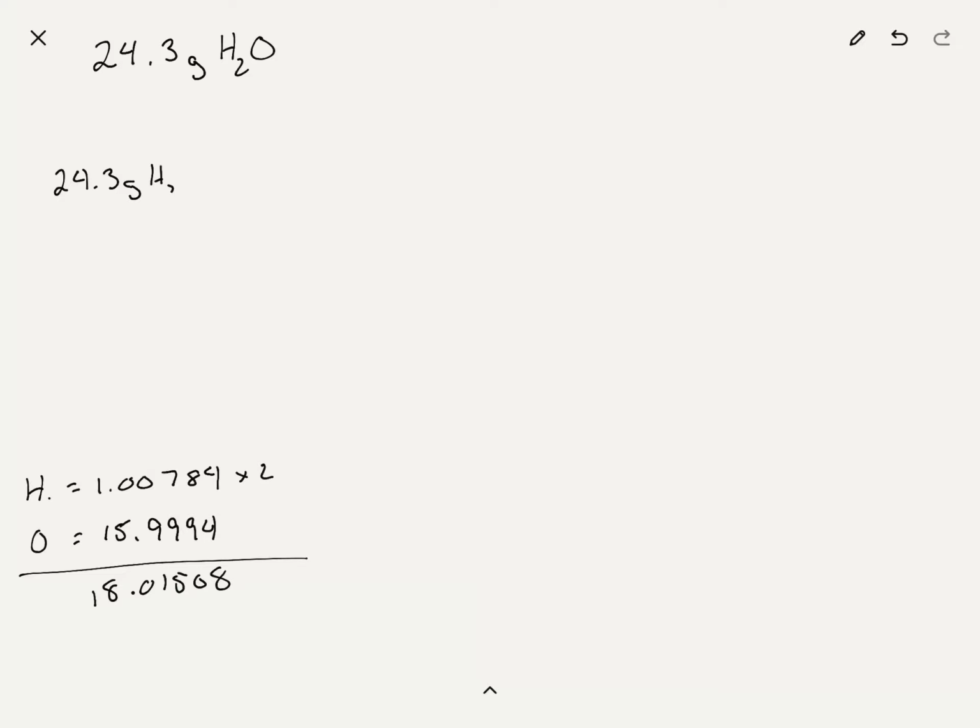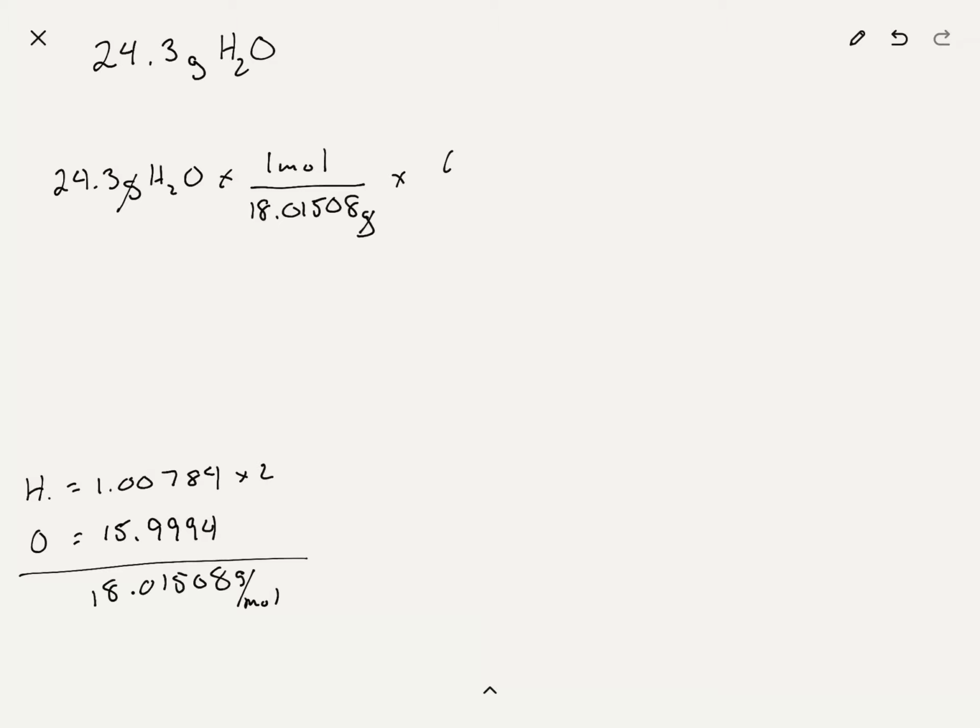So we have 24.3 grams H2O. We know that this is how many grams there are for every 1 mole. We need to go to moles. Moles are always in the middle. So 1 mole over 18.01508 grams. Our grams cancel out.